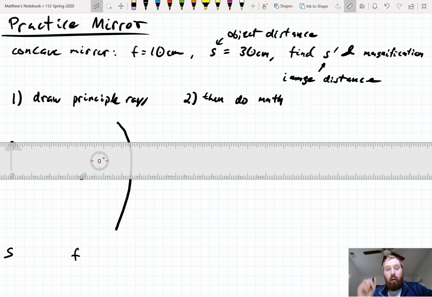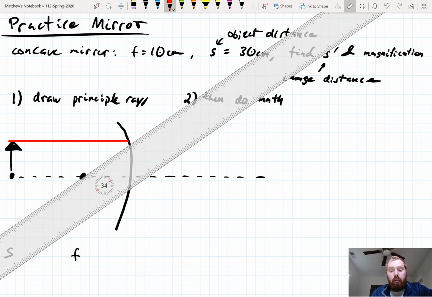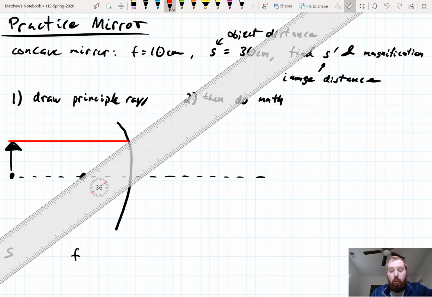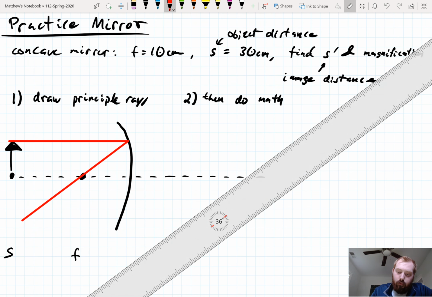So I'm always going to start off by shooting a ray that's parallel to the optical axis. Send that ray in and say, all right, you reflect through the focus. And there's one principal ray.